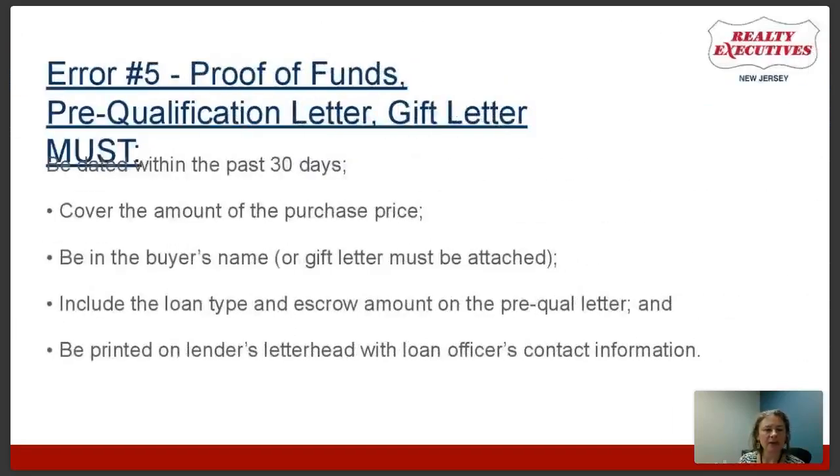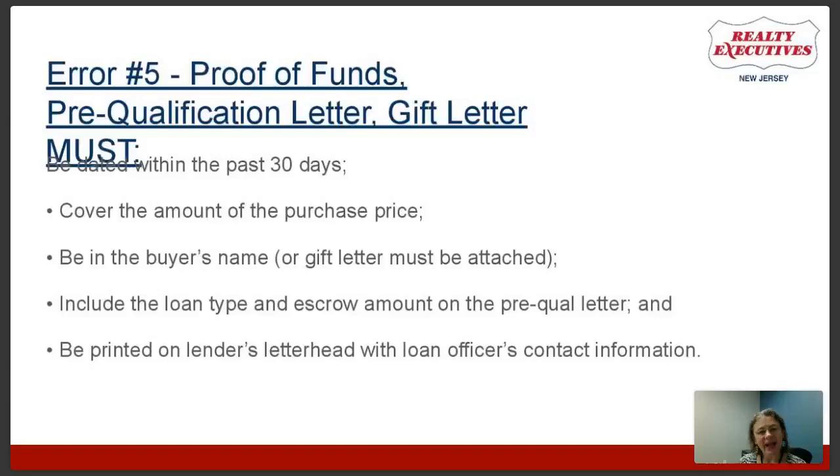Error number 5, proof of funds. When submitting any offer for any type of property, especially for this type of offer, it is required, if the person is purchasing with a loan, the pre-approval letter has to be dated within the past 30 days. It has to cover the purchase price.